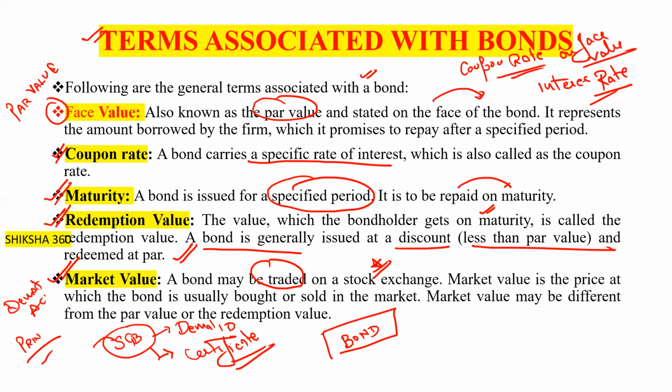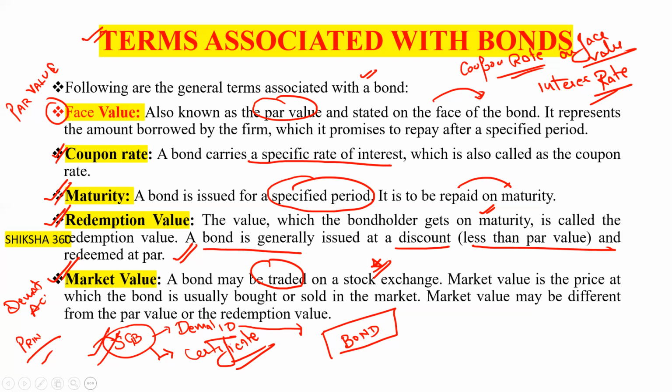In this case, you can redeem your gold bond, which you purchased at the market rate in the stock exchange, by selling the bond through your account. That is the market value, and it is different from the par value or the redemption value.